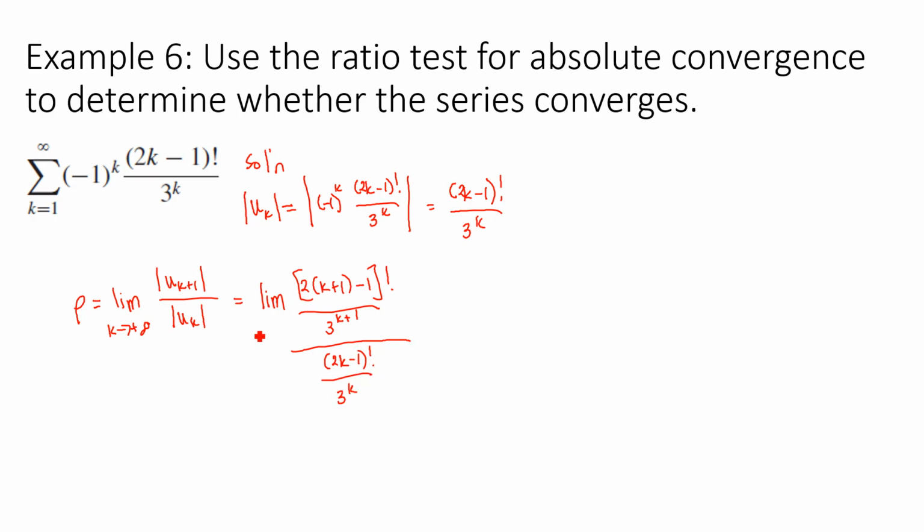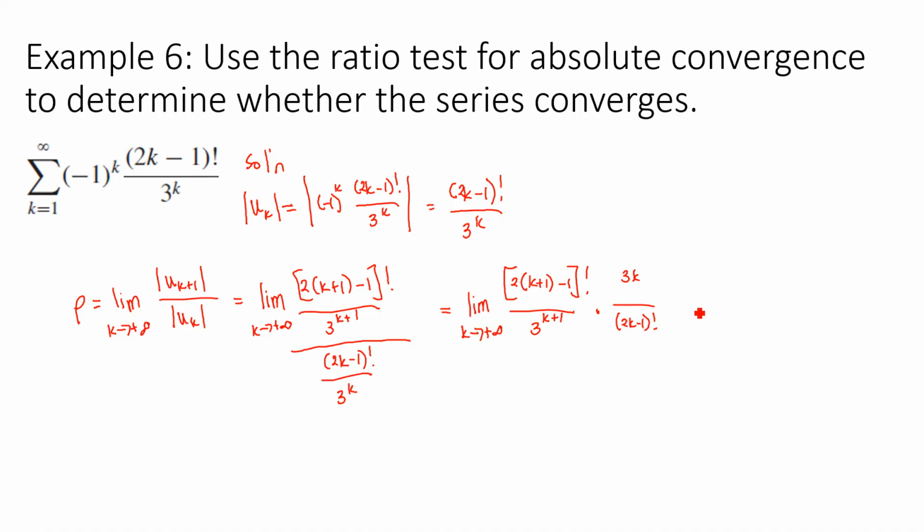This is the same as the limit of 2 times the quantity k plus 1 minus 1 factorial over 3 raised to k plus 1, multiplied by 3 raised to k over the quantity 2k minus 1 factorial, as k approaches positive infinity.